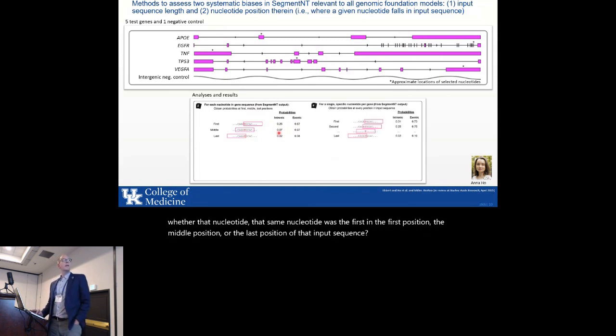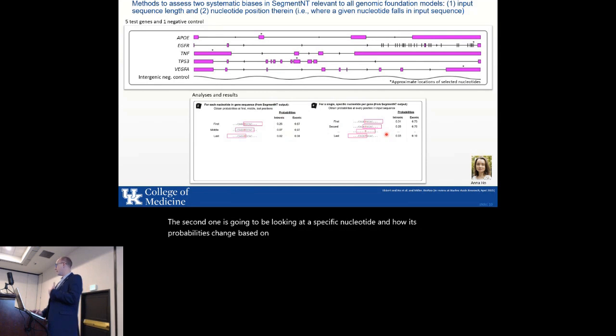And second, this is more in-depth; the first one is all the nucleotides in a gene. The second one is going to be looking at a specific nucleotide and how its probabilities change based on being in every position in the input sequence. So first, second, and so on until the last.